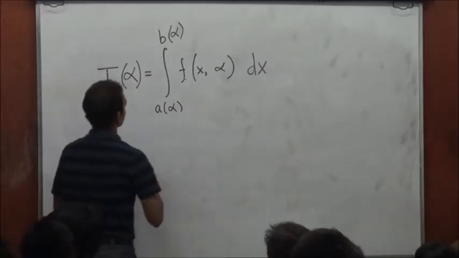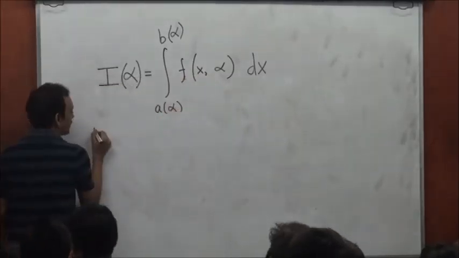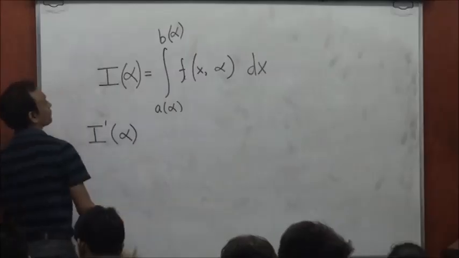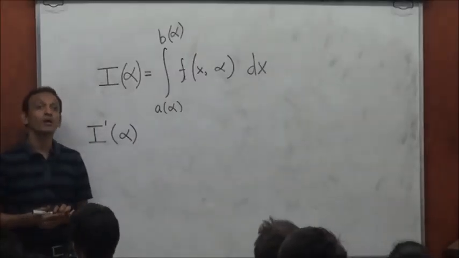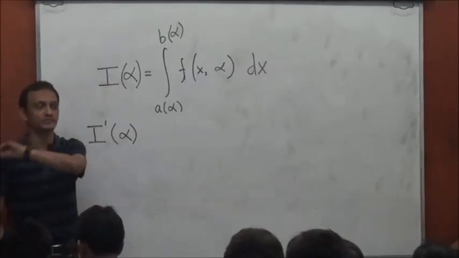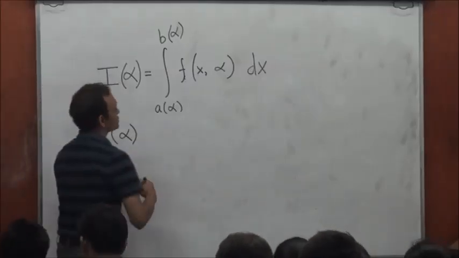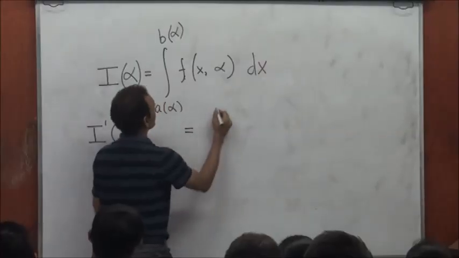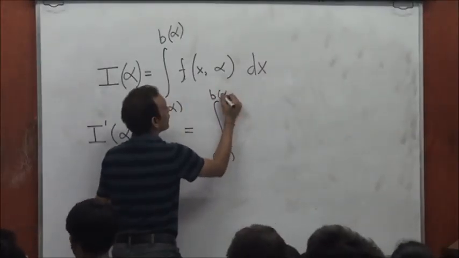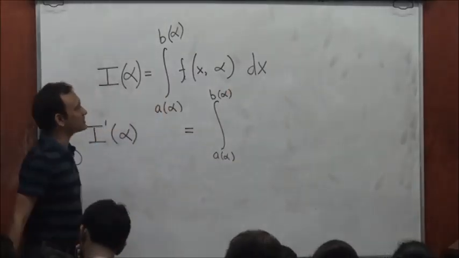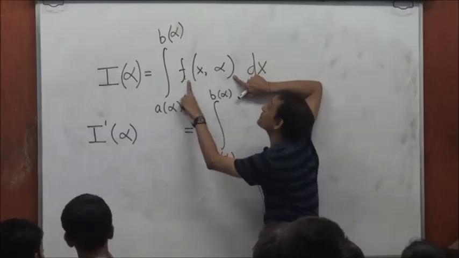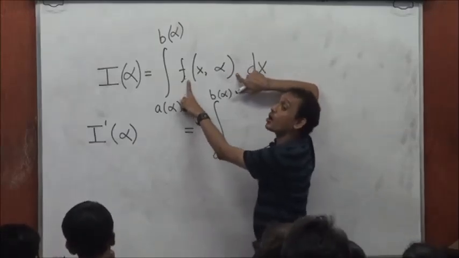Now, I dash alpha, which is dI by d alpha, differentiating I with respect to alpha, will have three terms in it. In the first term, you'll have the integral from a of alpha to b of alpha, and you differentiate the integrand with respect to the parameter alpha, keeping x constant.